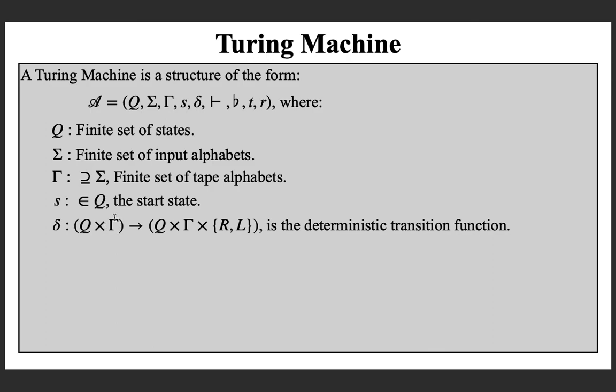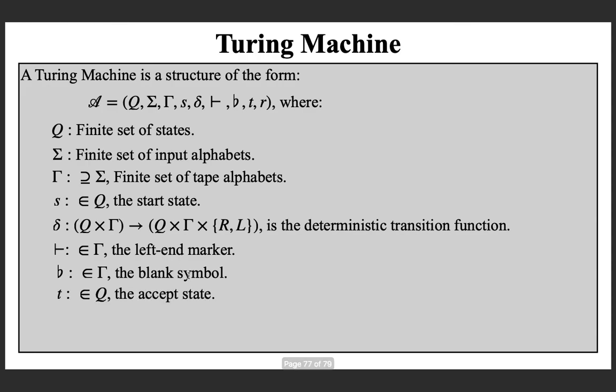Note that you may have to replace your input symbol with another symbol. All such symbols which go on to the tape are represented by gamma, and hence that has to be a superset of the input alphabets, because every input needs to be stored in the tape depending on the input that you want to process. And this component is the start state, then the transition function: from the current state for the next tape symbol, what is the next state, what symbol is going to replace the current symbol, and your direction of move as right or left. Then this is a special tape symbol called the left hand marker. There is another special symbol on the tape which is called the blank symbol. Then the sink state for acceptance, the sink state for rejection, and that's it.